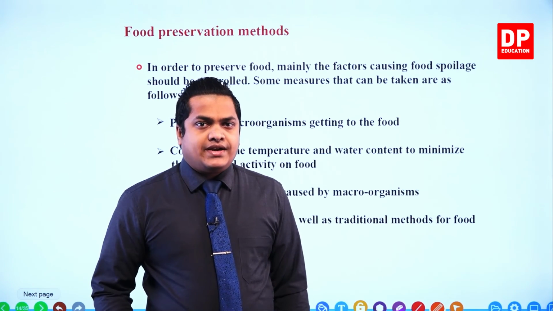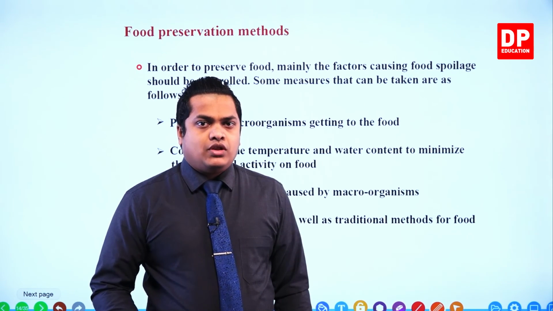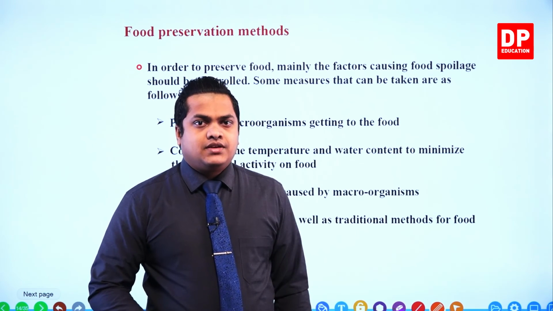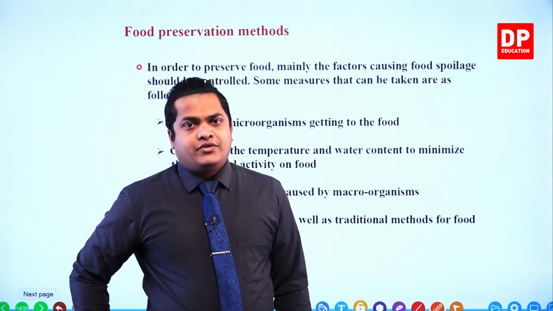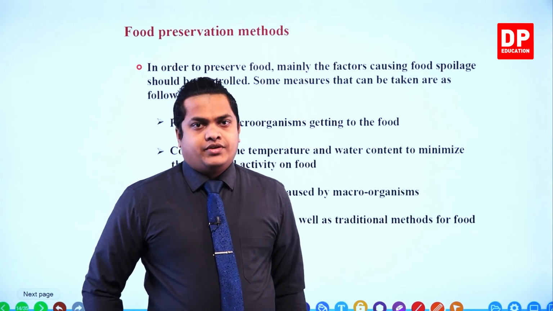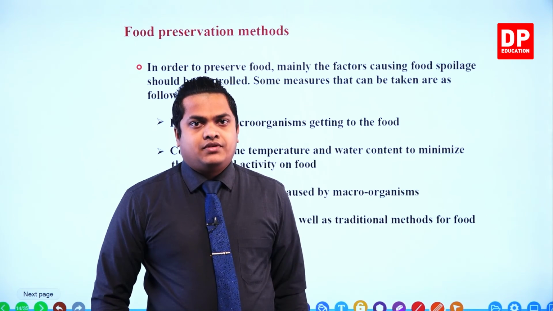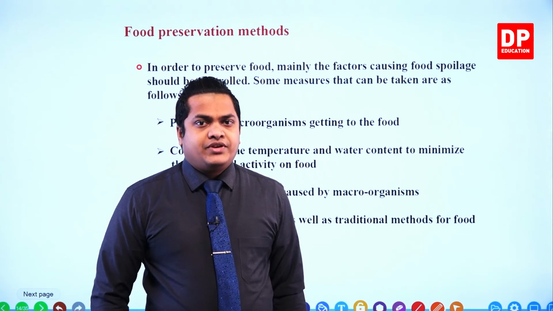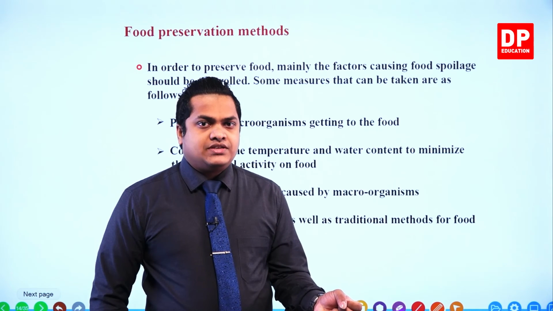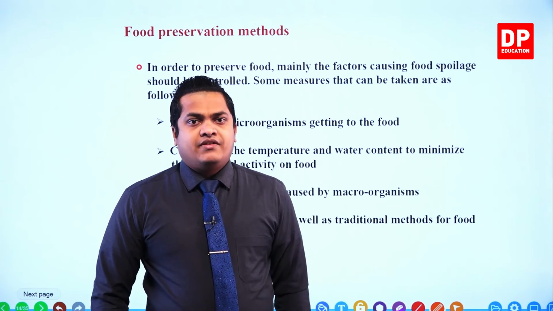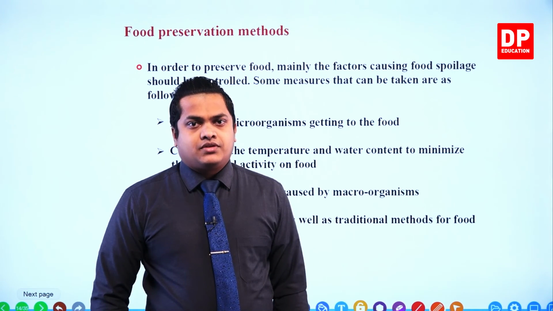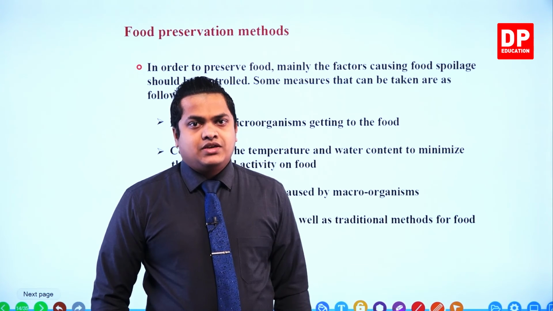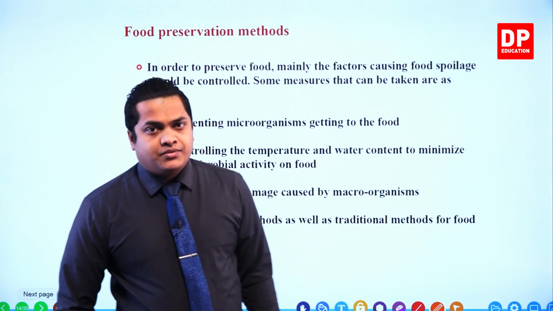So within food items also, if you can control those factors, then you can preserve food. The only thing you need to do is control the action of microorganisms by controlling the favorable factors for their growth. Okay, so this is the second one, number 2.